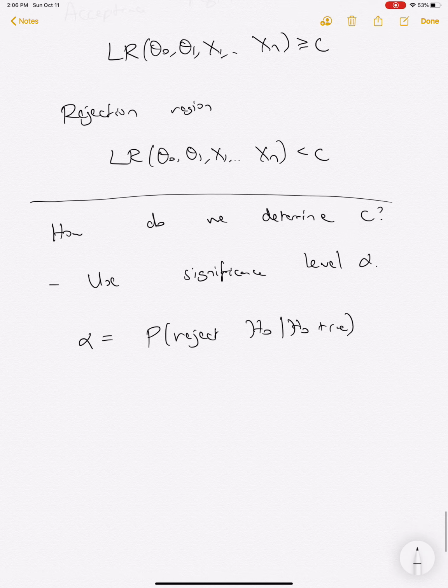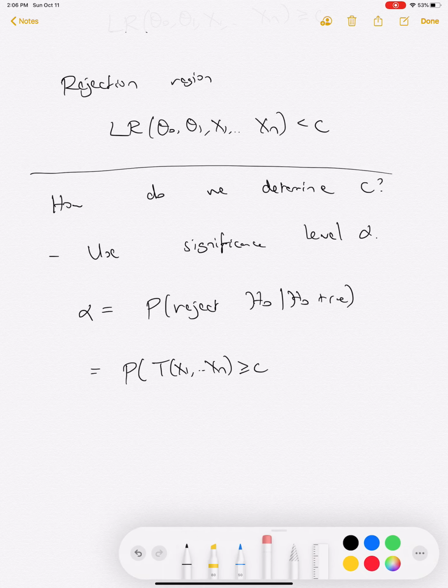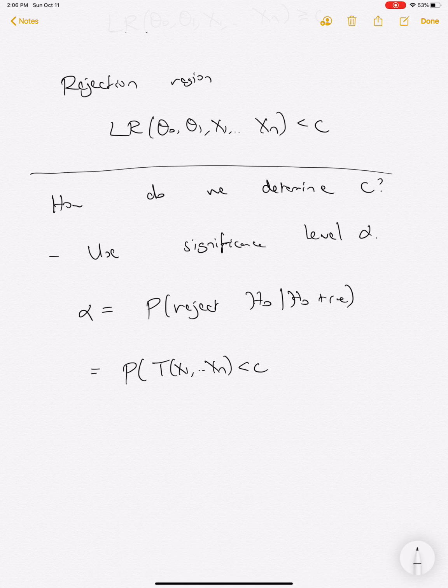So in this case, that is simply the probability that T of x1 through to xn is less than C, given that theta equals theta 0.